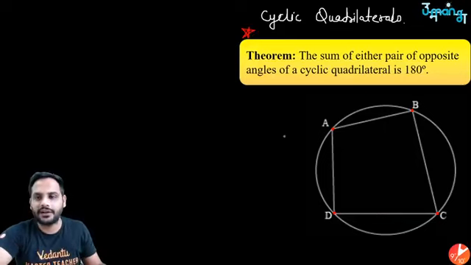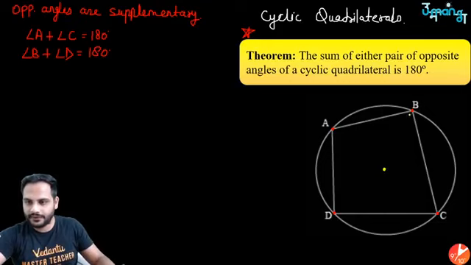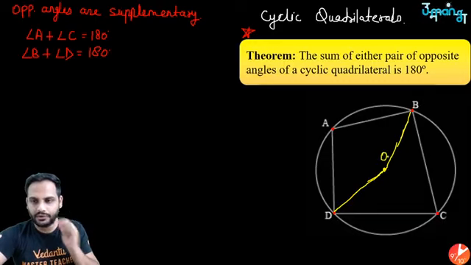Let us prove this theorem. To prove it, let us take the center of the circle, say somewhere over here. Let us join B with O and D with O. B and D I have joined with O, the center of the circle. Now look here.